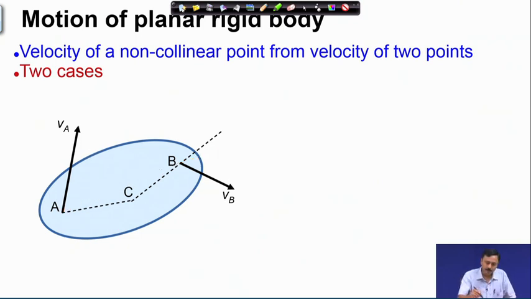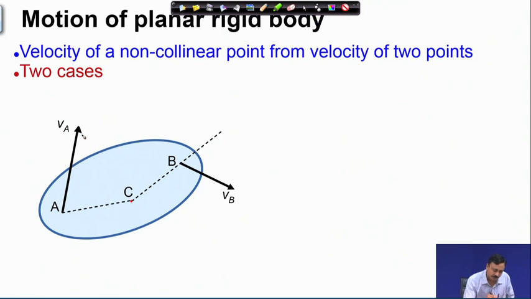Now, consider another point C, as I have shown here. I would like to find out the velocity of point C given the velocities of points A and B. So, can I do that? Remember, using the same constraint that the distance AC cannot change and the distance CB cannot change, what I must do is drop perpendiculars.